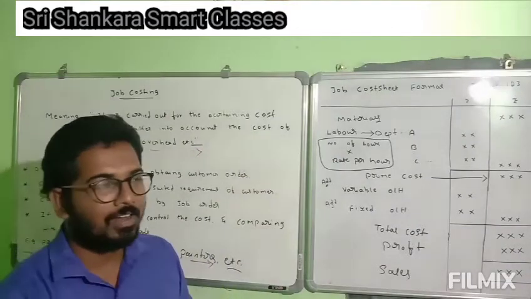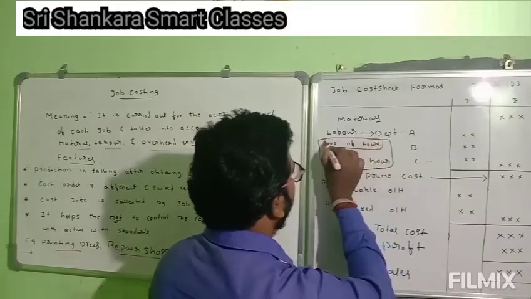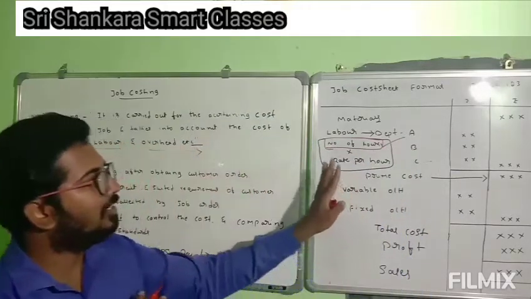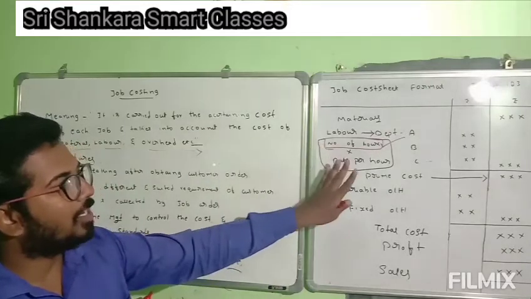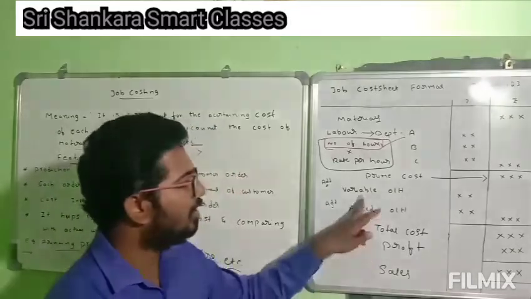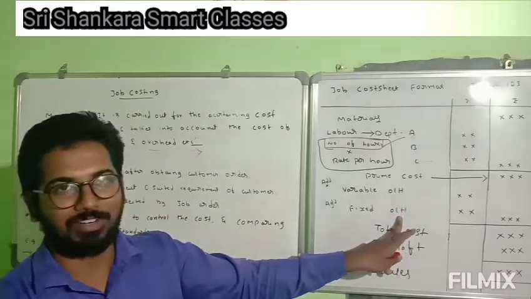If they are given on an hourly basis, we should take the number of hours multiplied by the rate per hour into account. Do remember the number of hours that we have taken in the labor hour department. The same number of hours will be carried forward to the variable overheads and fixed overheads, and any other overhead they have given.